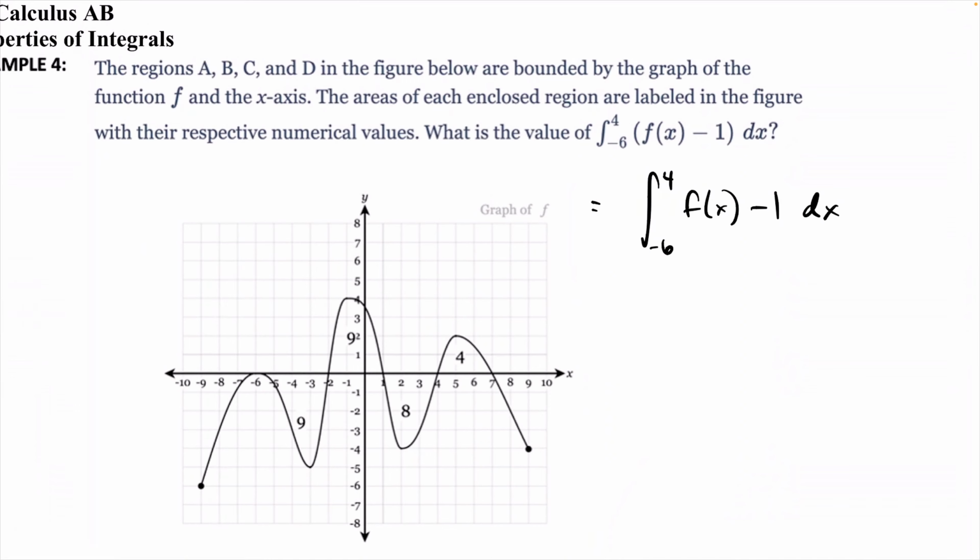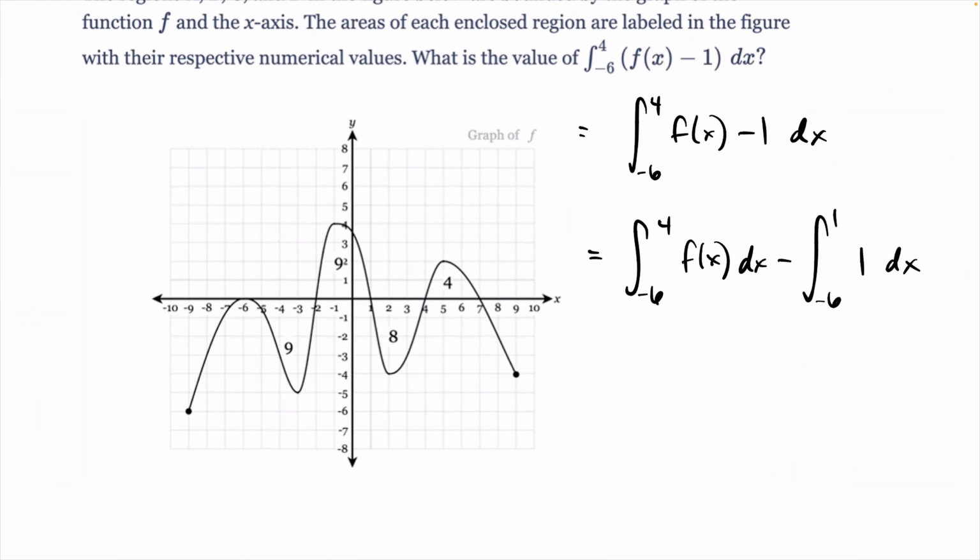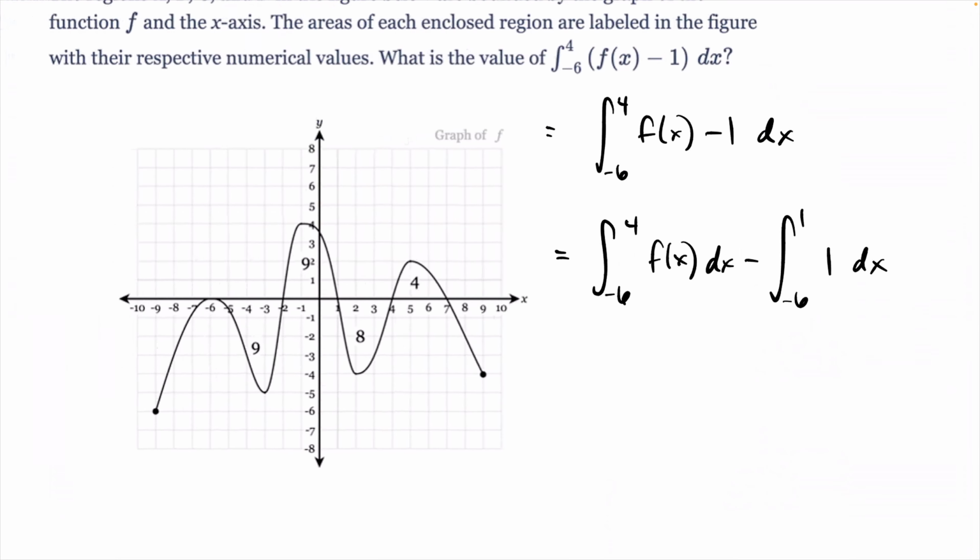So I'm going to use rule number 1, or property number 1. Property number 1 says if there's adding or subtracting, you can divide them up into 2 smaller problems. So I'm going to do that. Minus. Okay. So this guy here, negative 6 to 4, that refers to the graph.